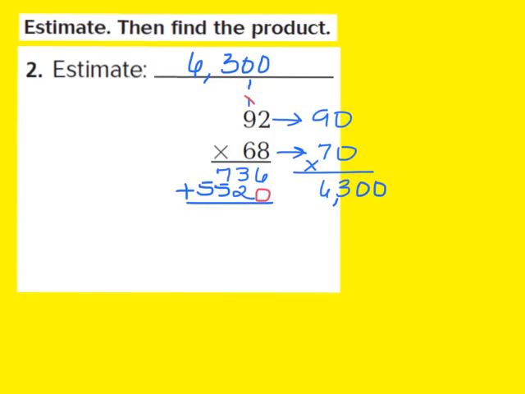So I know that 6 plus 0 is going to give me 6, 3 plus 2 is going to give me 5, 7 plus 5 is going to give me 12, and I'll carry my 1, and 1 plus 5 is going to give me 6. So my product turns out to be 6,256, and what I notice is it's close to my estimated answer, and that tells me my answer is reasonable.